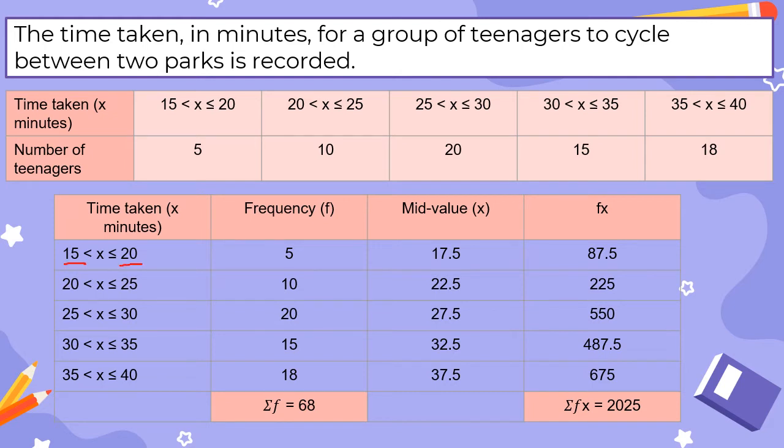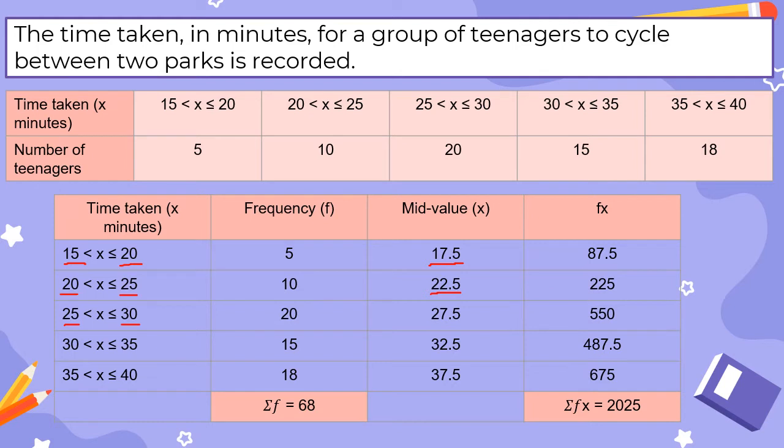So 15 plus 20 divided by 2. 15 plus 20 is 35, and 35 divided by 2 is 17.5. Next we have 20 and 25. 20 plus 25 is 45, and 45 divided by 2 is 22.5. Next, 25 and 30 make 55.